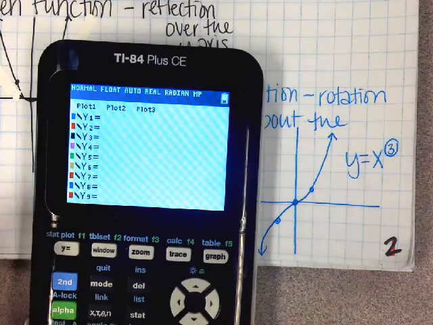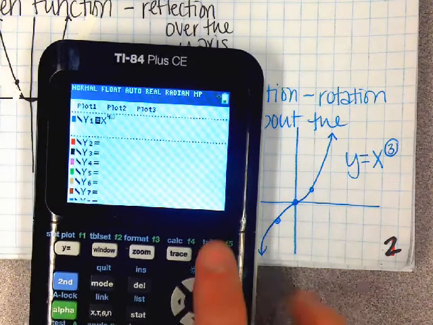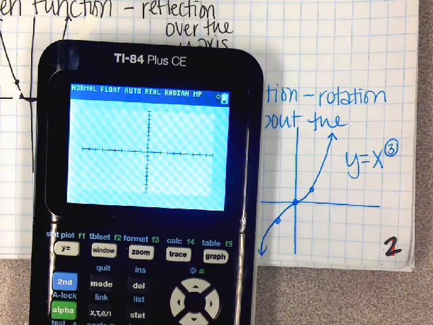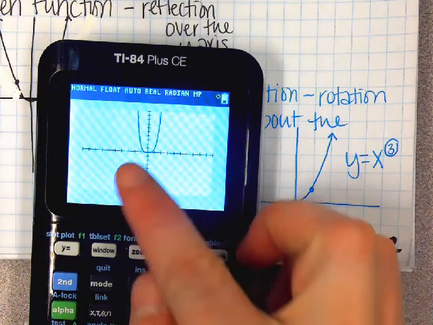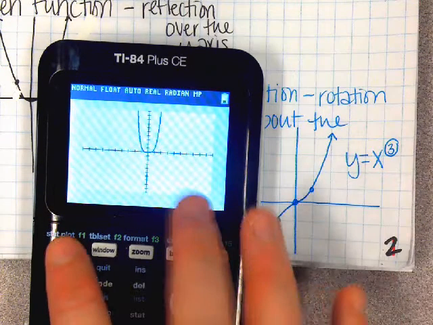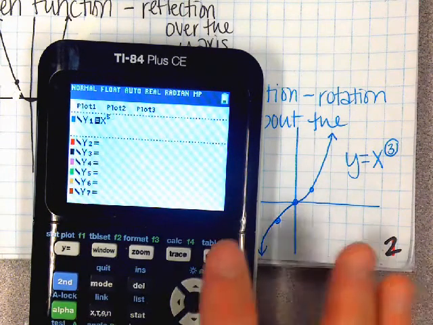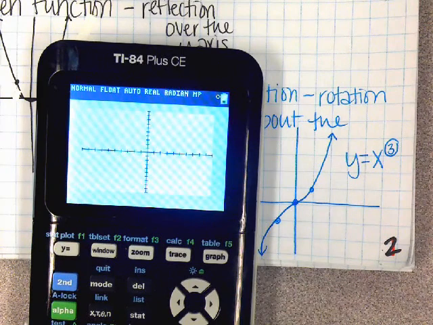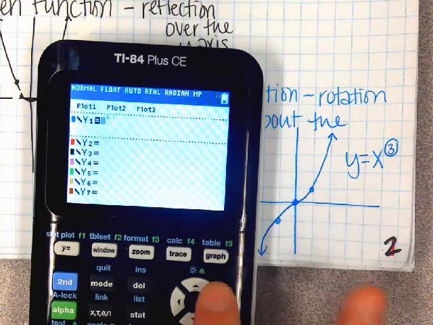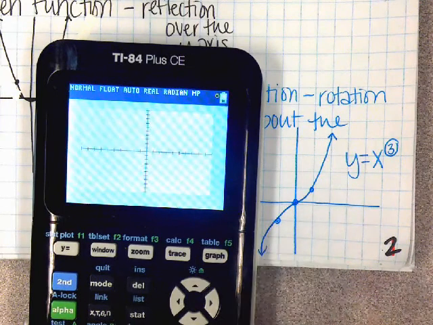If I were to graph y equals x to the fourth, notice the reflection. It just has that wider base. Let's do x to the fifth. Notice that's also an odd function.